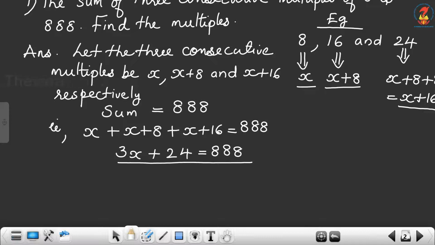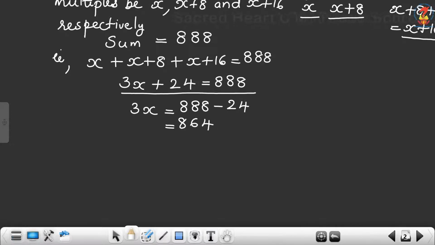Now, we want to find the value of x. Then 3x is equal to 888 minus 24, equal to 864. 3x is equal to 864 means 3 into x is equal to 864. Therefore, x is equal to 864 divided by 3.